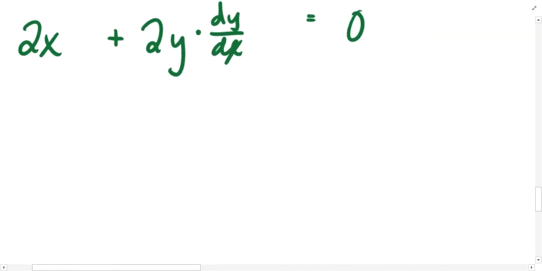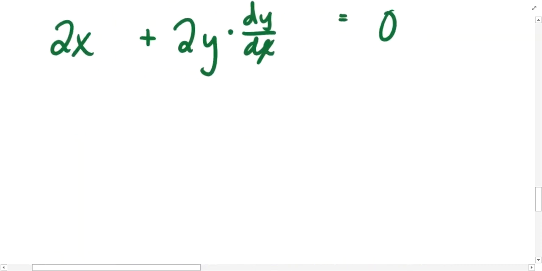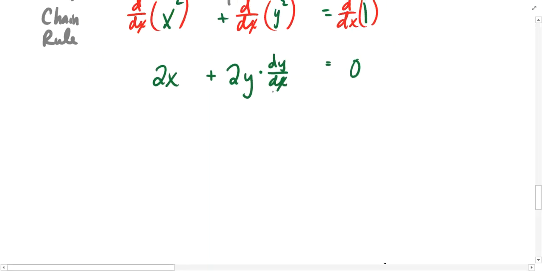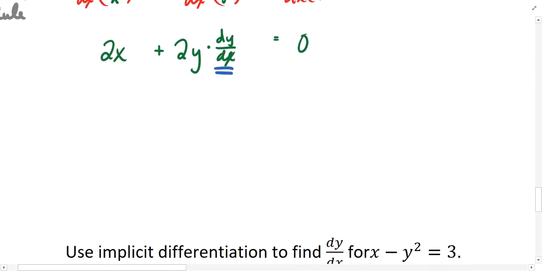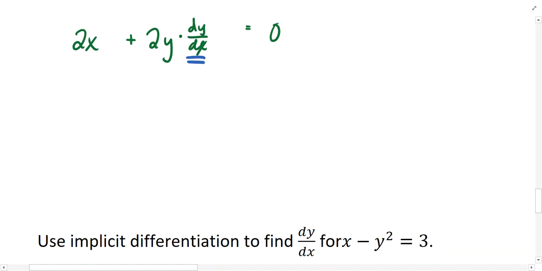Now that we've got the derivatives implicitly described, let's see if we can isolate this dy/dx, because that's the notation that's being used to represent our derivative. Let's go ahead and isolate that. I'll subtract 2x from both sides, and we've got 2y dy/dx equals negative 2x.